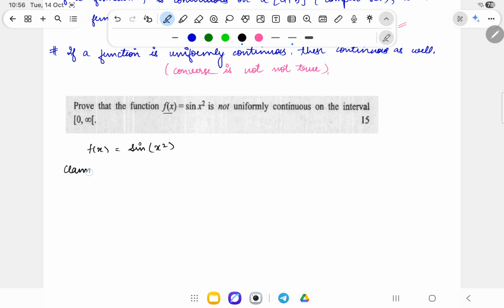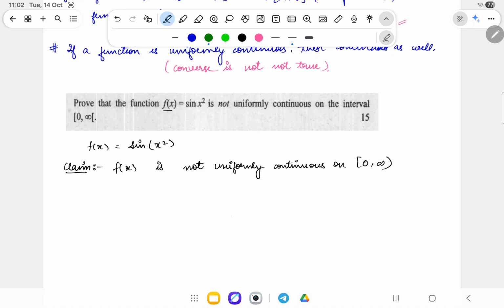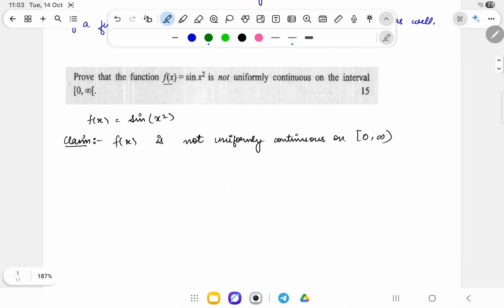So our claim is that this function f(x) is not uniformly continuous on the interval 0 to infinity. In order to disprove this, we'll basically use the sequential criterion, and for that we'll take two sequences.